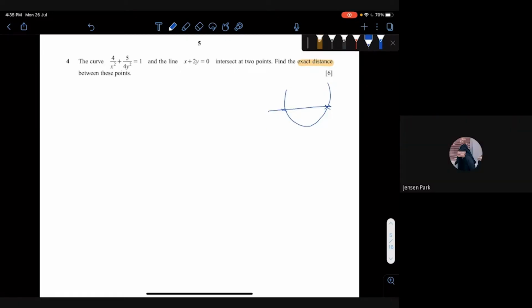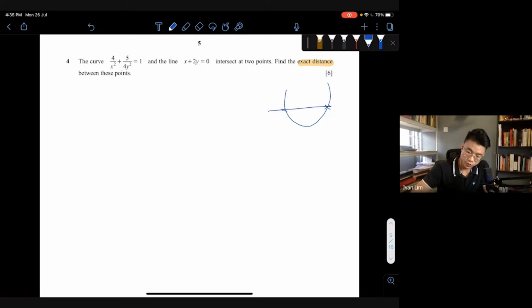So the first step is a simultaneous equation. The second part is to use the distance formula or Pythagoras, which is x2 minus x1 squared plus y2 minus y1 squared. Define these first, then it's easier for you to do.